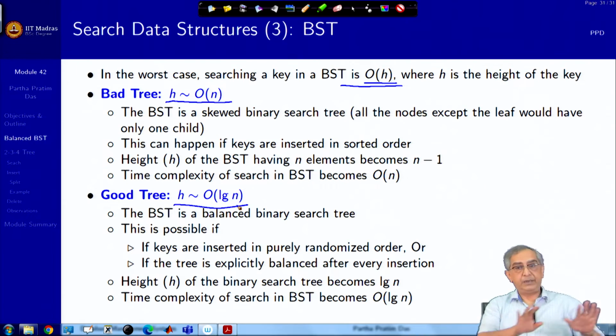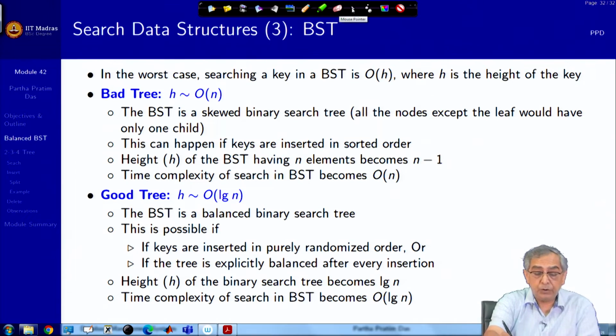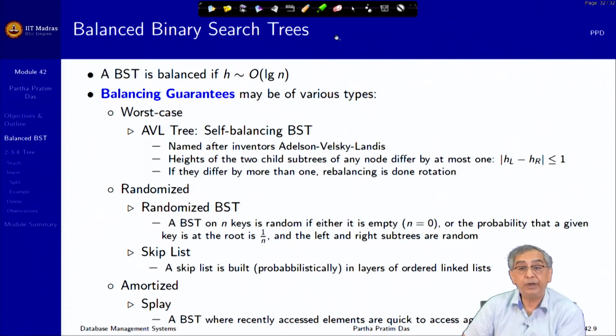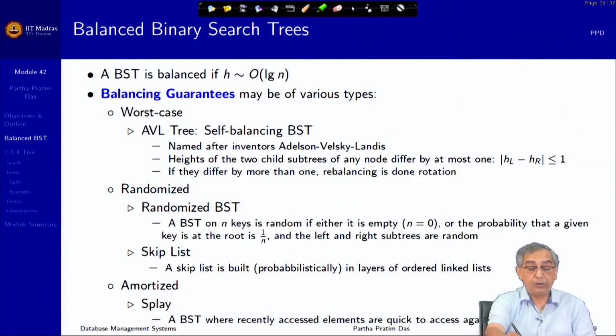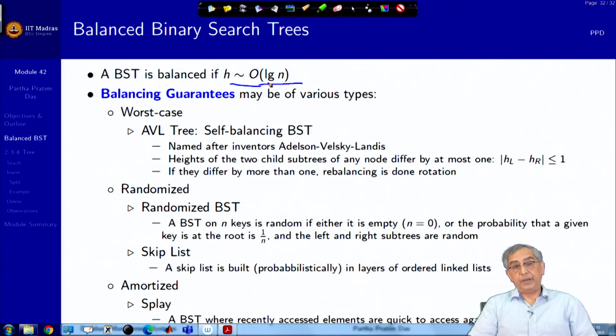This slide we discussed in the earlier module; I just replicate it so that the whole thing stays in your mind. So, the question is how to work only with good trees that will remain balanced.